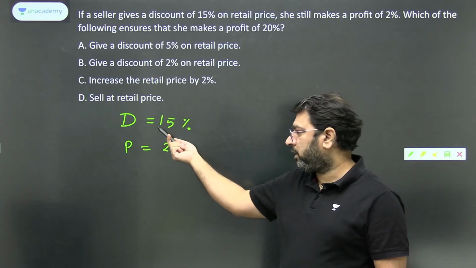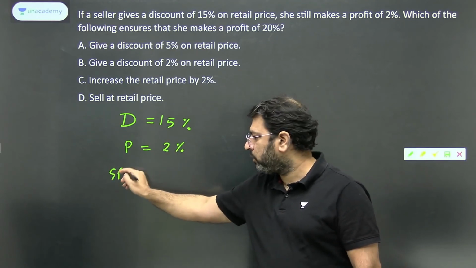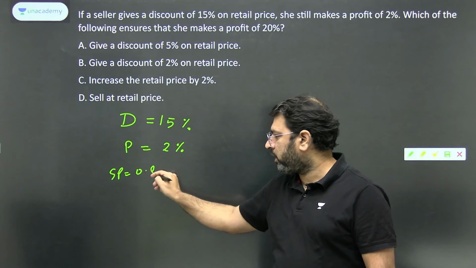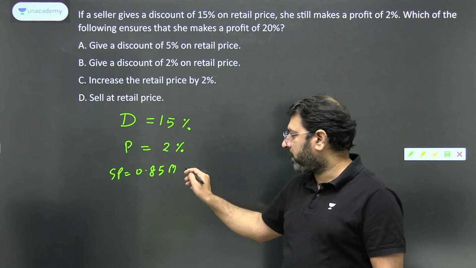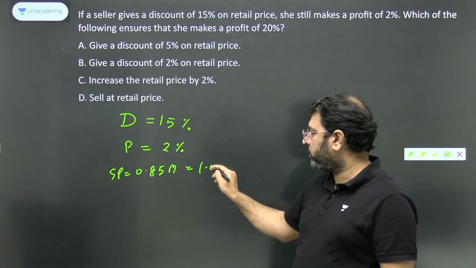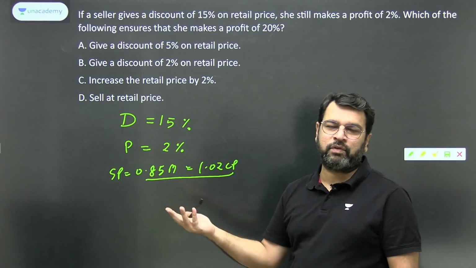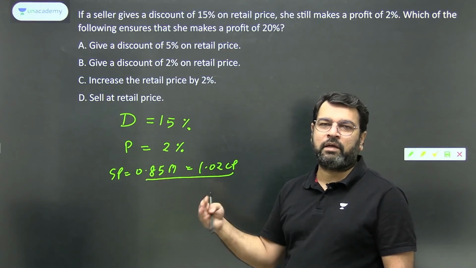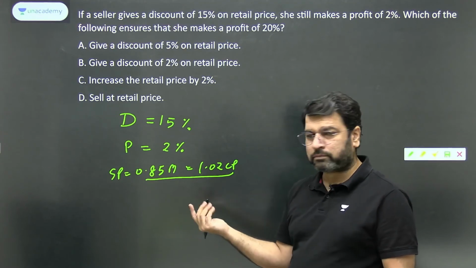That if discount is 15%, that means selling price is equal to 0.85 of mark price, and selling price is also equal to, using 2% profit, 1.02 of cost price. Using this also we can use the relation between mark price and cost price, and that gives you the markup percentage, right? This is another logic on this.